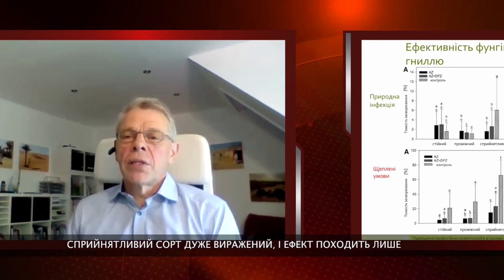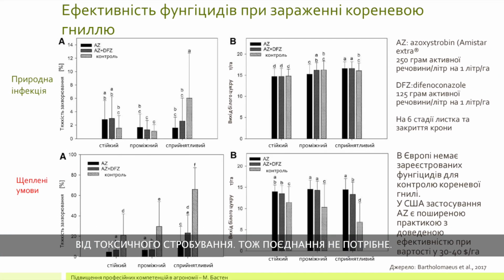But under conditions where we have very high pressure, which may be considered as inoculated conditions, we see that the effect on a susceptible variety is very pronounced, and the effect comes only from the azoxystrobin. So the difenoconazole mixture was not required.